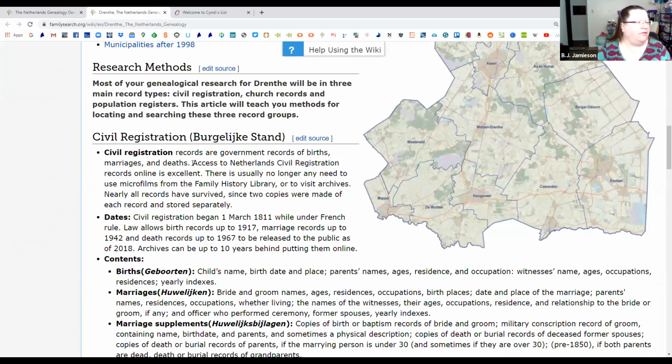Okay, and then they talk about, here's when civil registration began in 1811 when the Netherlands were under French rule. Tells you the most recent you can see for privacy reasons.